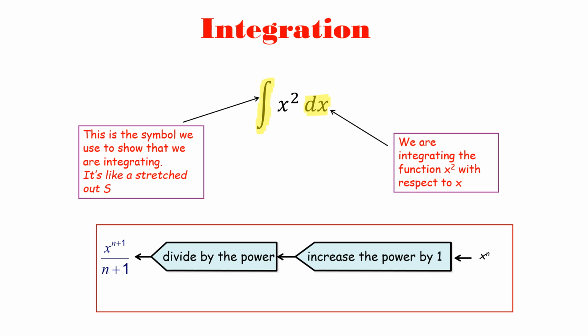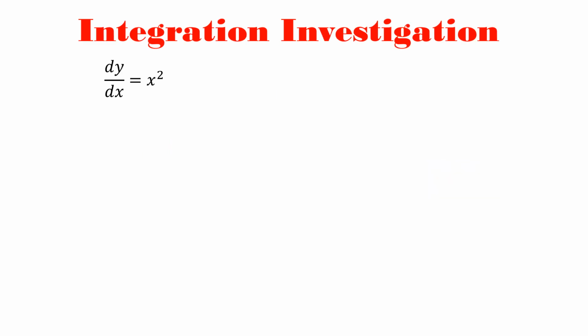So this is the rule we're going to apply. Let's do that actual integration and see what we get. Because integration is the opposite of differentiation, after we differentiate, we might have something that looks like this: dy dx equals x squared. I'm conscious that you may not use this kind of format when you're integrating in maths.